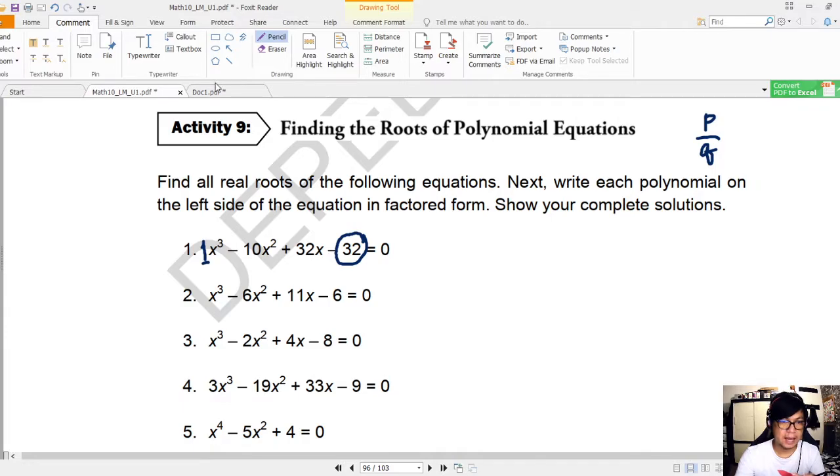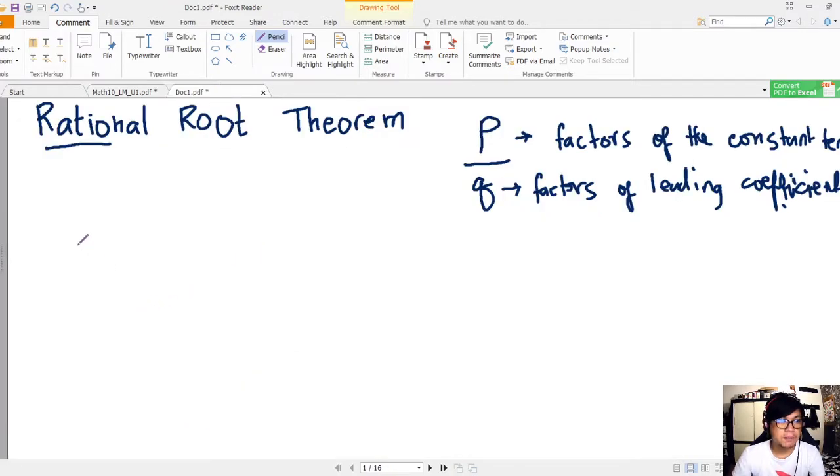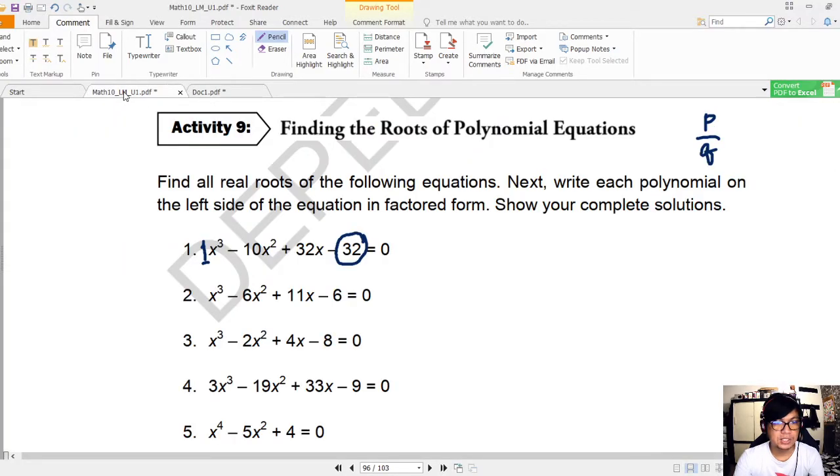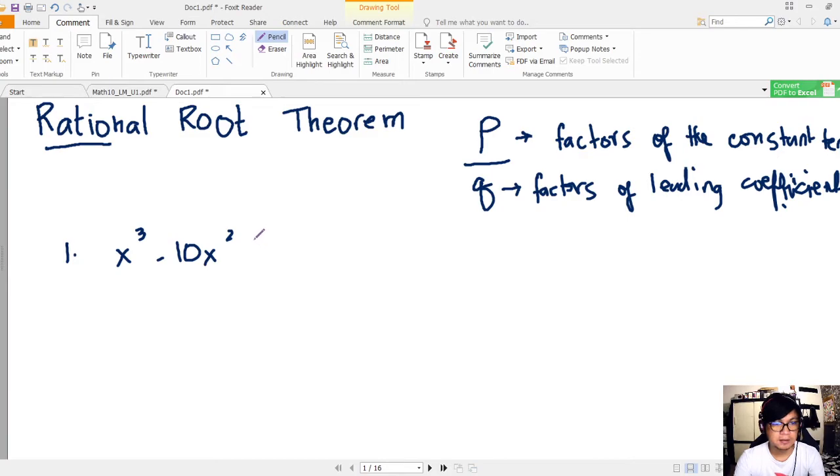So let's rewrite first the equation: x cubed minus 10x squared plus 32x minus 32. Okay. So for number 1, the given is x cubed minus 10x squared plus 32x minus 32 is equal to 0.